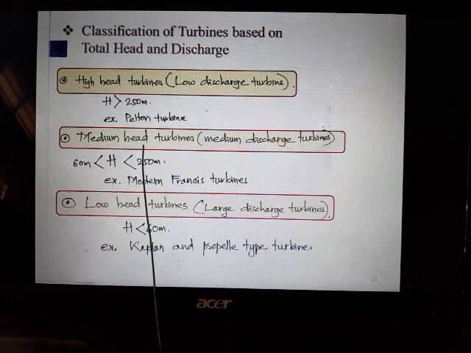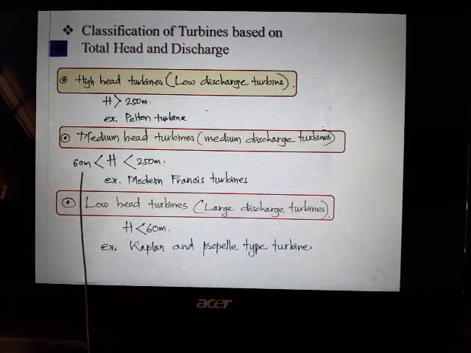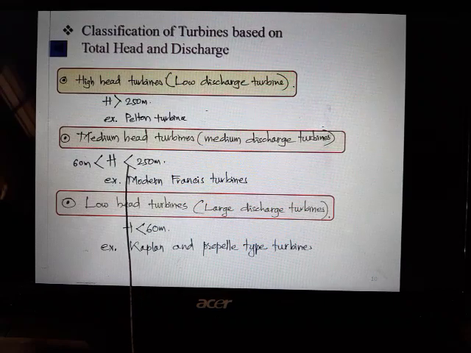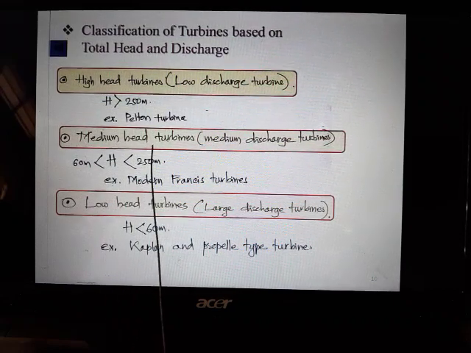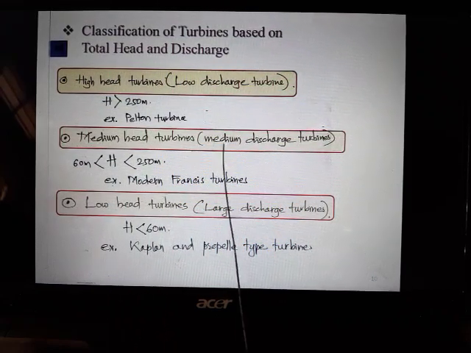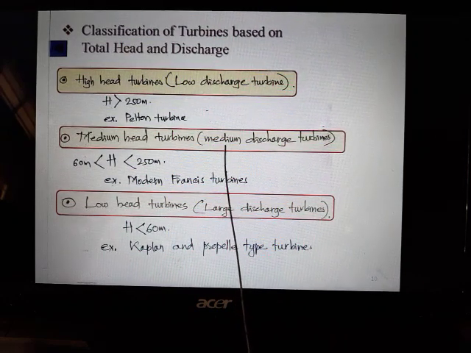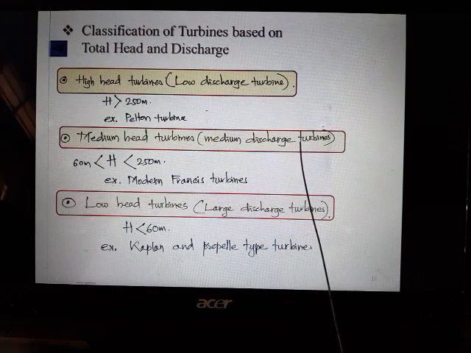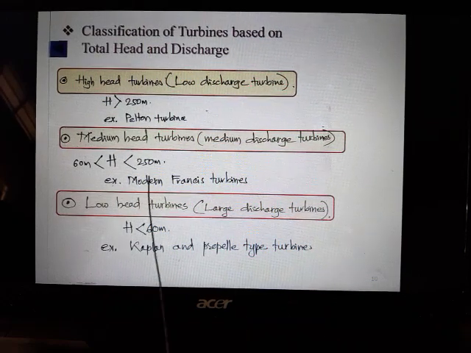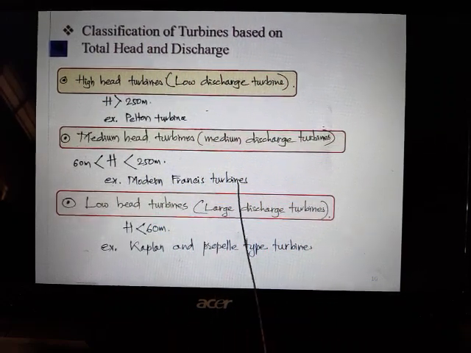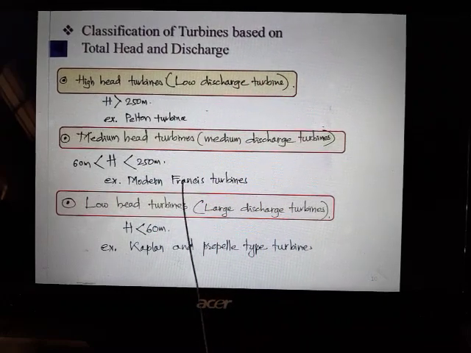Then there are medium head turbines. If the head is in the range of 60 meters to 250 meters, then it is classified as a medium head turbine. So here obviously you don't require very high discharge or very low discharge. A medium kind of discharge is required. And the modern Francis turbine is of this kind.